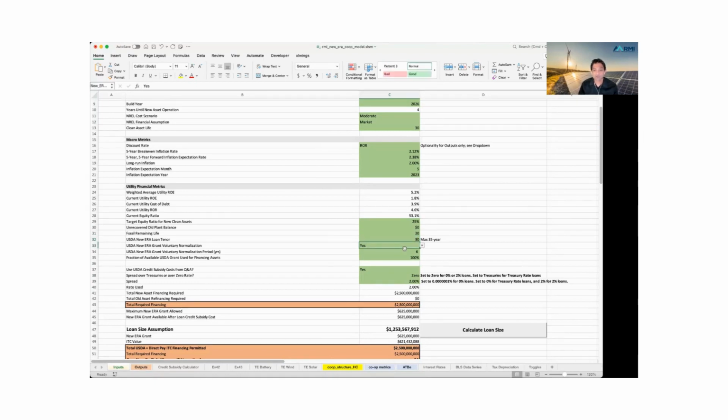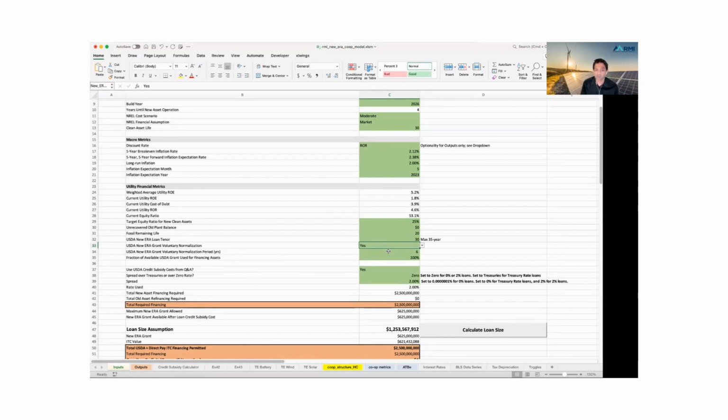I should also note that there's a technical issue here that we've also allowed you to set. Once you get, for example, a USDA New Era grant, let's suppose that you as a utility were able to get $100 million, you have choices to make as to how you return that $100 million in benefit to your customers, to your member owners, in terms of the impact that that grant may have on reduced rates.